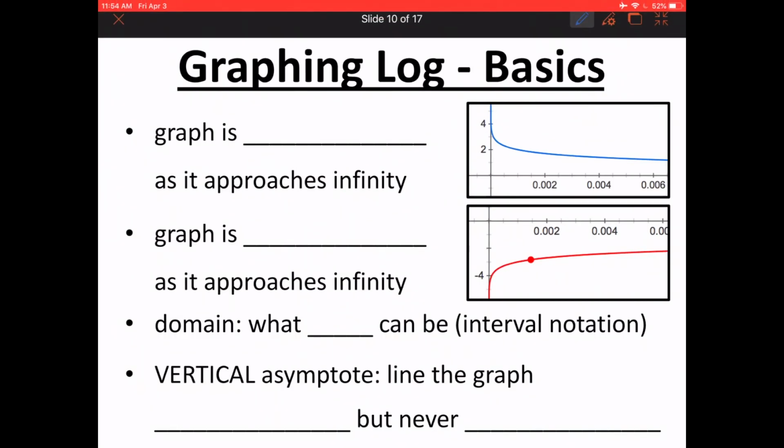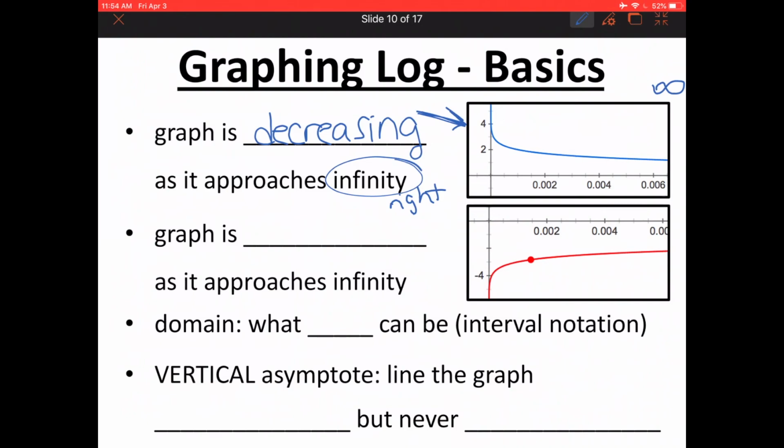All right, a little bit more here with graphing. The graph of a log, in this example, the one that we've given you, is decreasing as it approaches infinity. Remember, infinity refers to the x-axis going to the right.